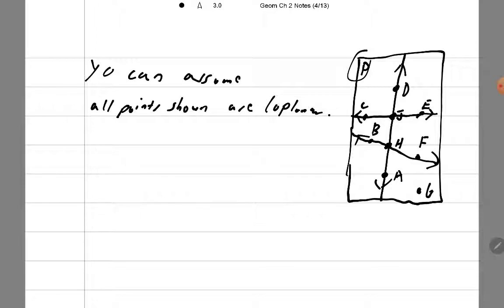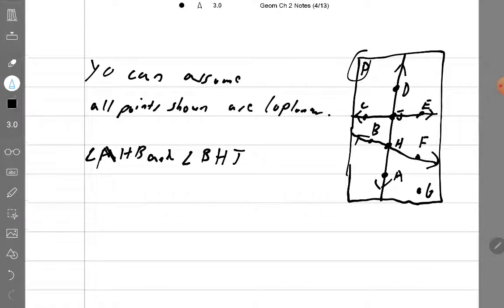You can assume that two angles are supplementary if they add up to a straight line. So for example, angle AHB and angle BHJ. Let me color those.